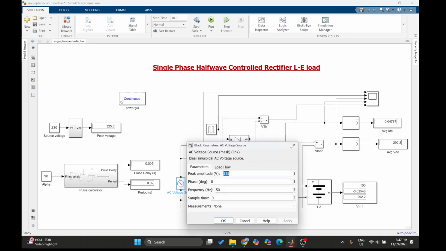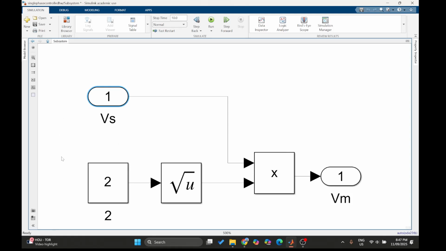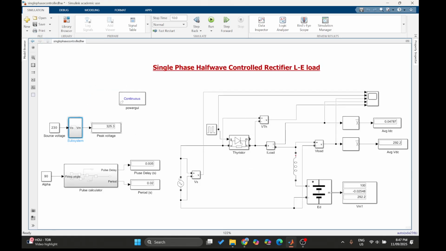Then I am giving a standard single phase voltage of 230 volt, and I am calculating the peak voltage from the phase voltage by multiplying it with root 2, and I get a peak voltage of 325.3 volts.